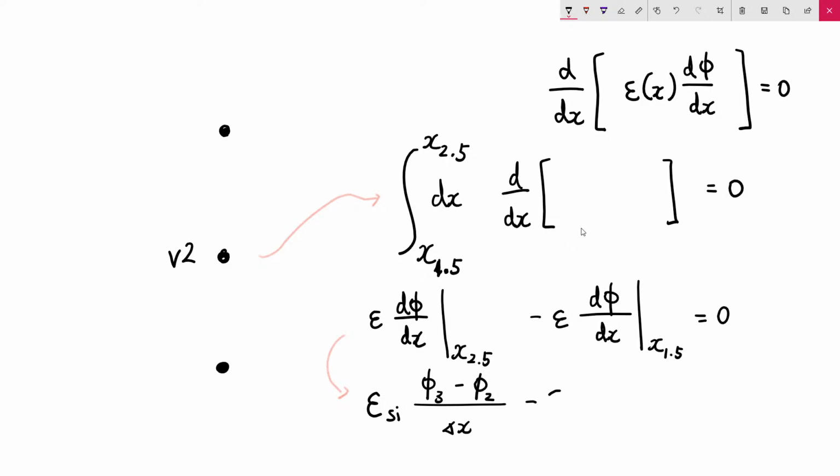And minus epsilon, now in this case oxide, and the difference is once again phi 2 minus phi 1 divided by delta x, equal to 0.